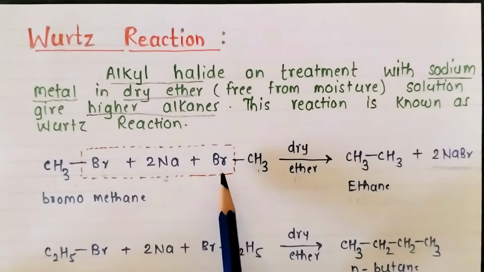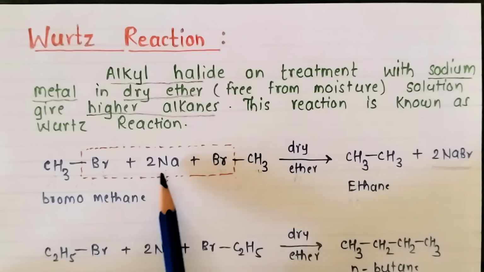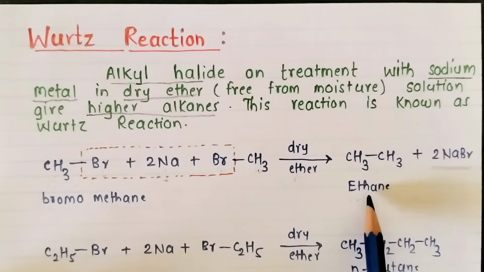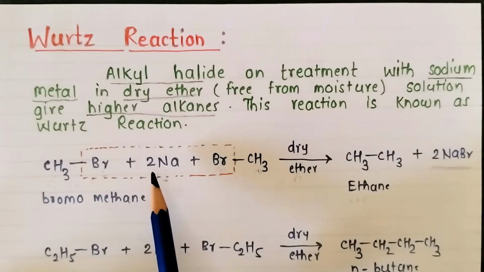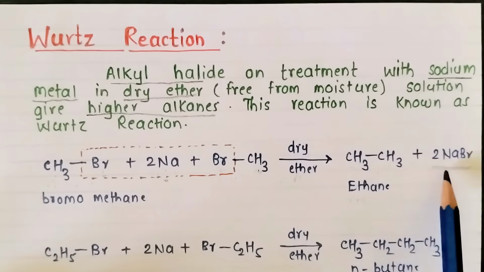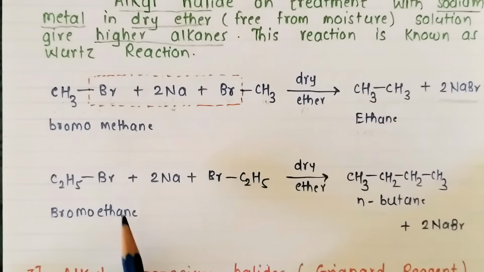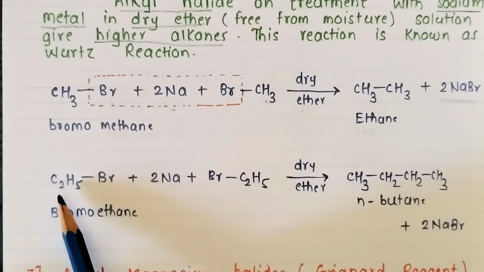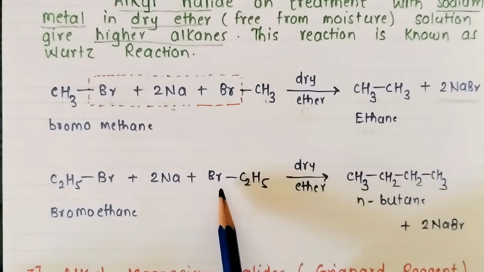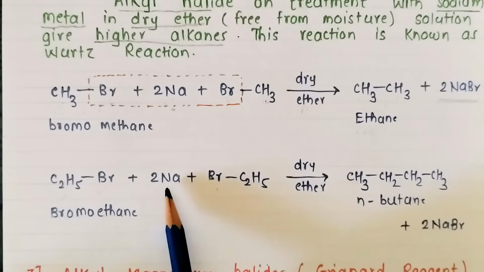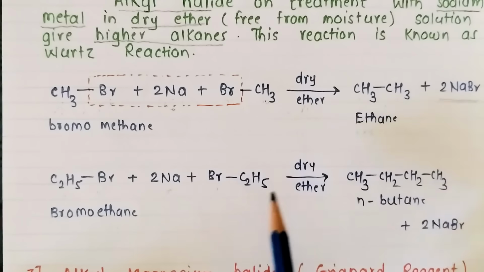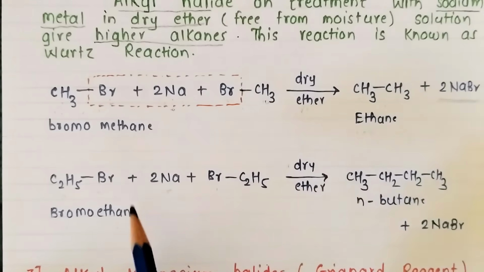So here we prepared alkane from alkyl halide. Two molecules of alkyl halide react with sodium metal in presence of dry ether. We get alkane, and twice NaBr is removed as a side product. Now we take another example of this Wurtz reaction. Here we take the alkyl halide bromoethane, and this is also bromoethane. They react with two sodium atoms in the presence of dry ether.